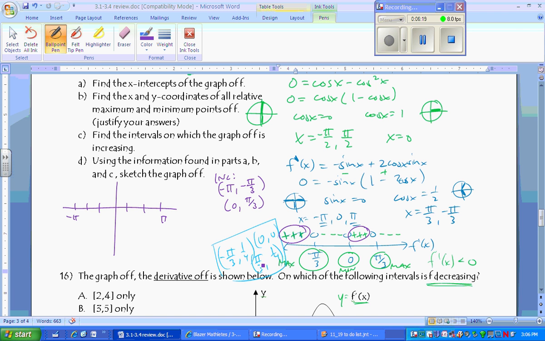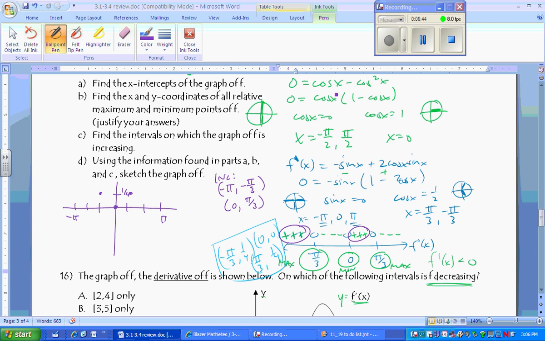We know these 3 points right here, the minimums and maximums. So negative pi over 3, positive 1/4, right there. Positive pi over 3, 1/4, right there. 0, 0. And then the only other thing we want to look at is where it is when there's negative pi and pi.